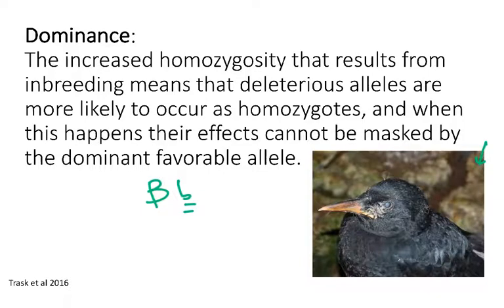If you have a heterozygote, you have one dominant allele that can mask it, so that blindness characteristic is not going to be expressed. But if you end up with inbreeding, where now you have a loss of heterozygosity and high homozygosity, and you have individuals that are homozygous recessive, that means that lethal blindness characteristic is going to be expressed. That can lead to this reduction in fitness and inbreeding depression.